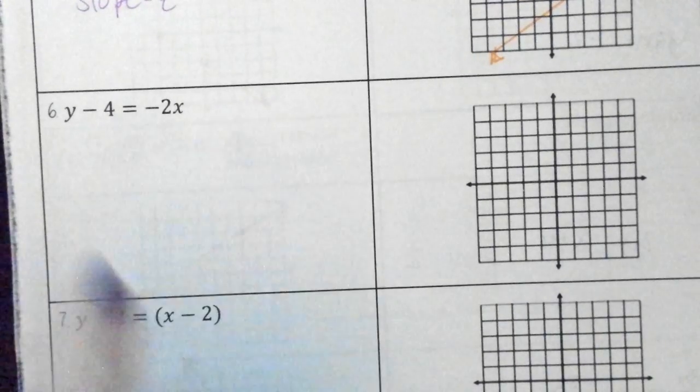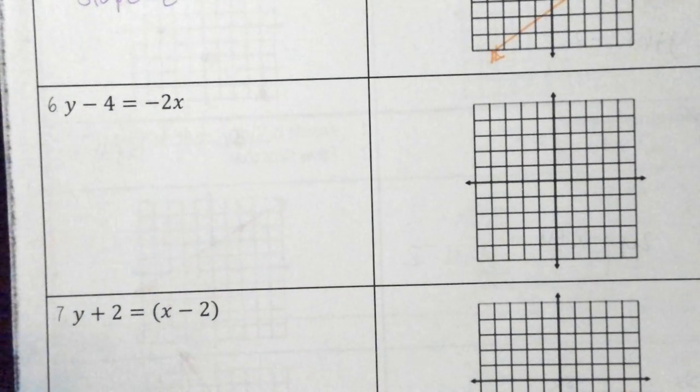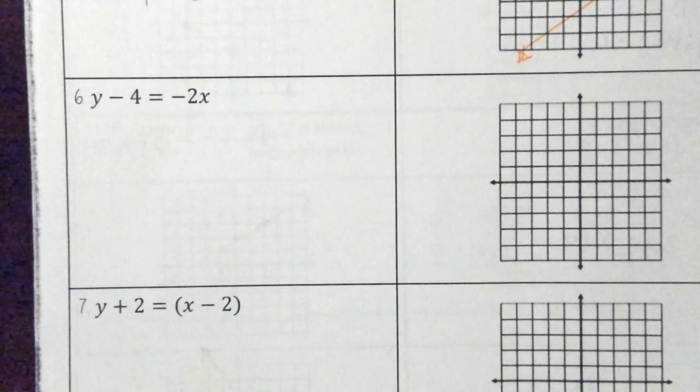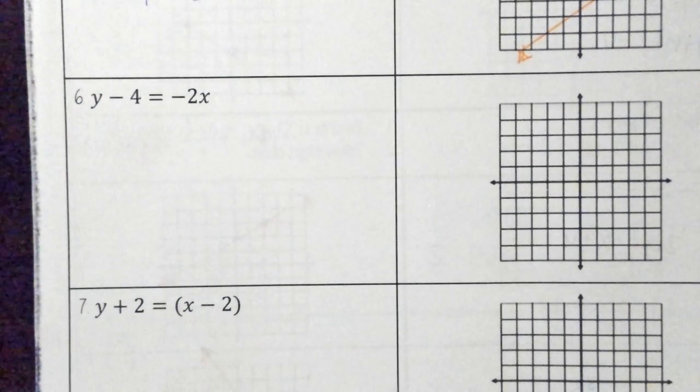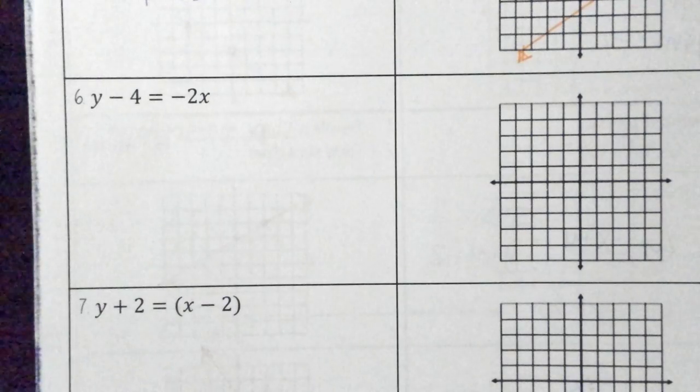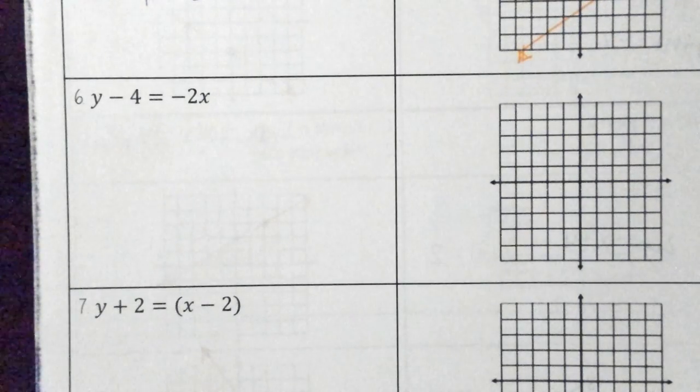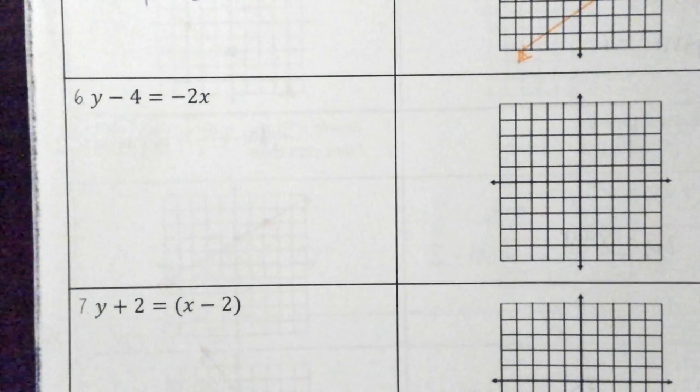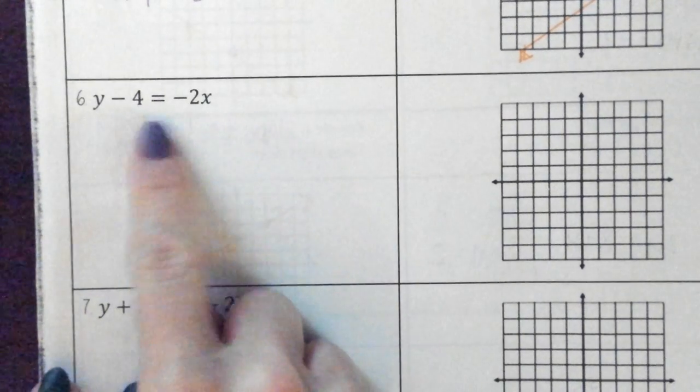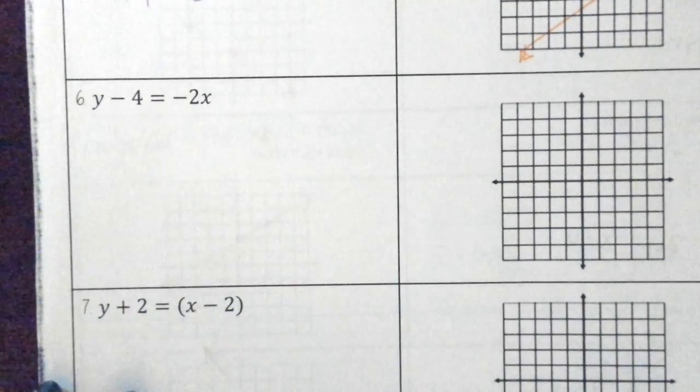So same thing here. We could actually write this into slope-intercept form if we want, because we don't have that parentheses.